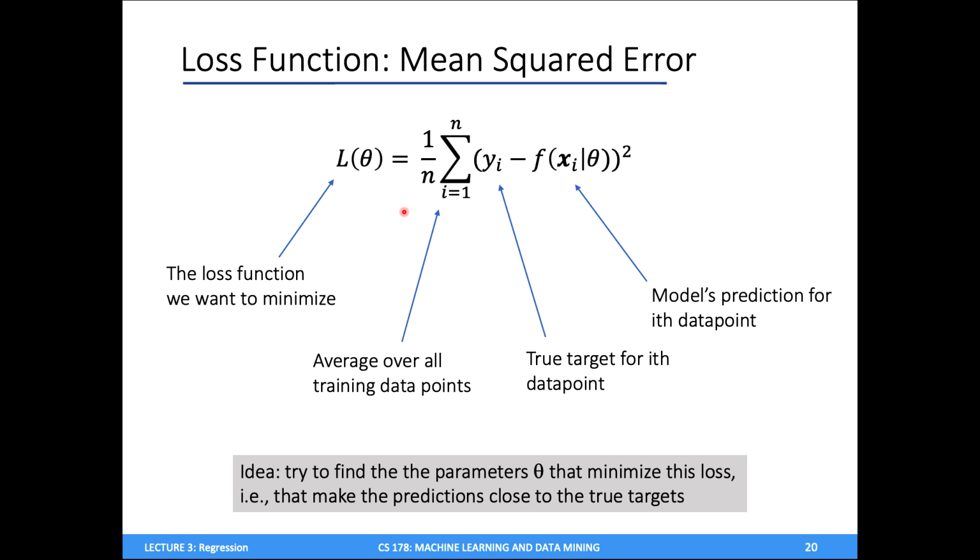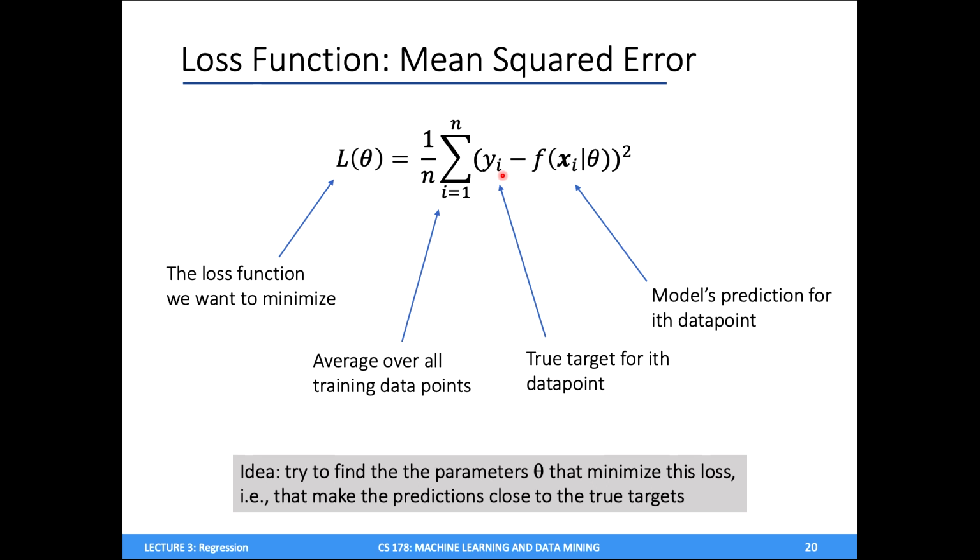What this MSE function is, is an average over all the training data points. So we have n data points, and we're just summing over them and dividing by the total number of data points. What we're going to do then is look at the true target for the ith data point. So y sub i is the actual value we're trying to predict. Then we take the ith input, the ith feature vector, we stick it into our linear regression model, f of x, and we get out some kind of prediction for that data point.